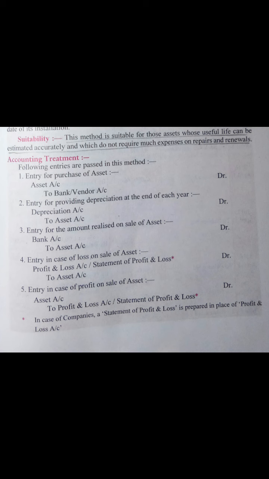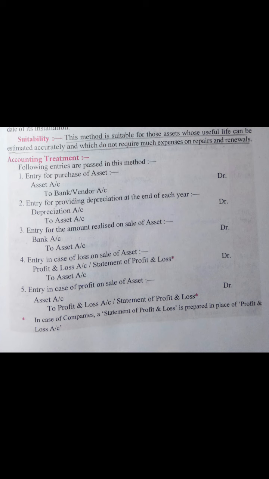As cash is an asset, and whenever cash comes into the company, it is debited, and the asset which is going out of the company would be credited. So bank account debit to asset account would be the entry.